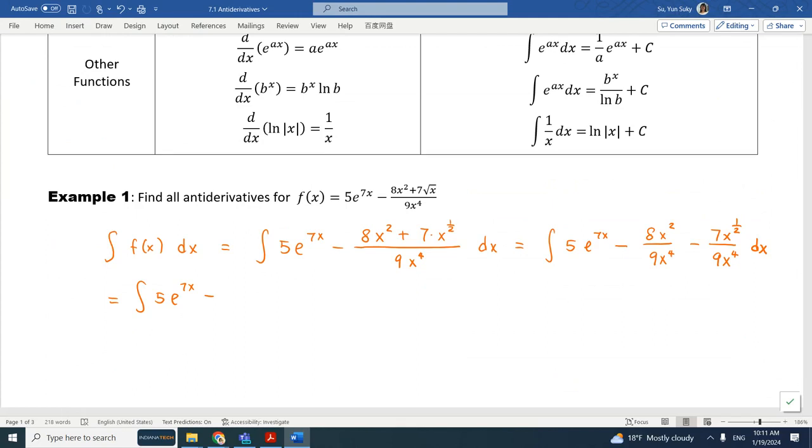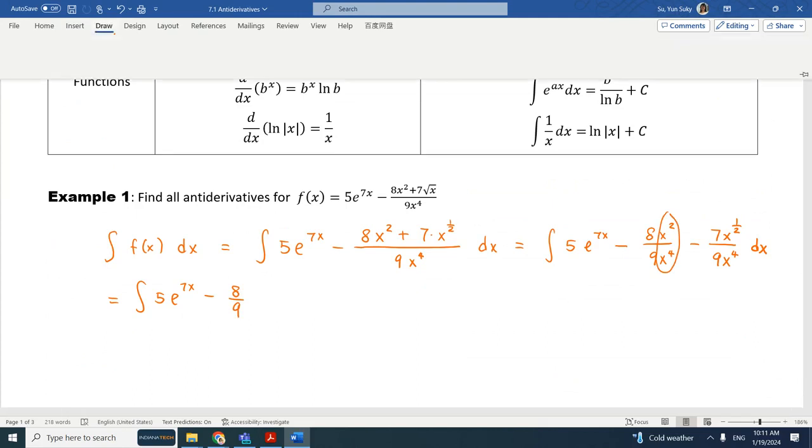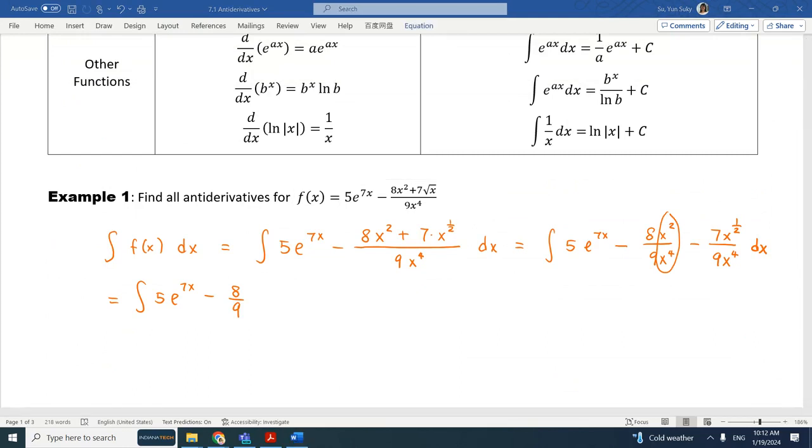So the coefficient is 8 over 9. How about the x power? Remember the rules. If you have x to the a over x to the b, that's x to the a minus b. x to the a times x to the b is x to the a plus b. x to the a to the b is x to the a times b.